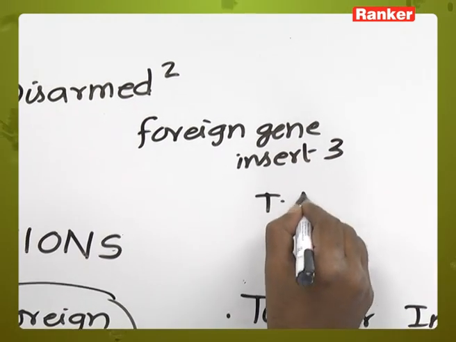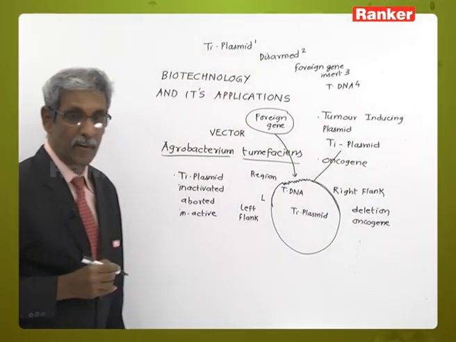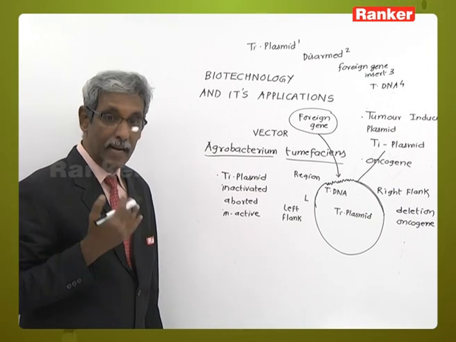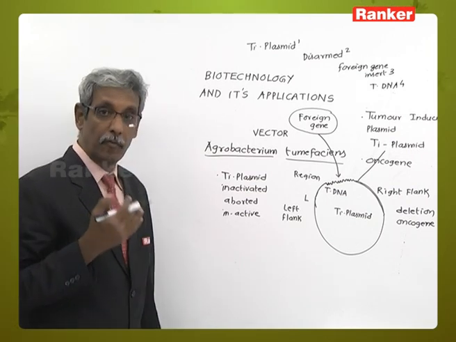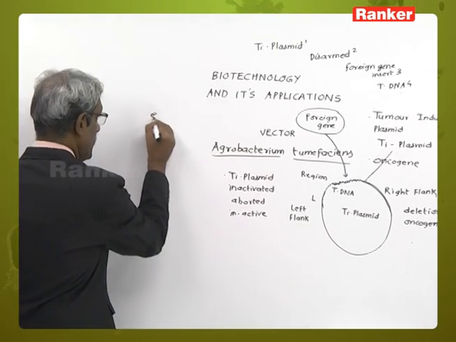Then it has the tDNA which is functional. The tDNA is functional, thereby it can cause efficient transfer of the foreign gene into host cells. So, we are talking in terms of efficiency.